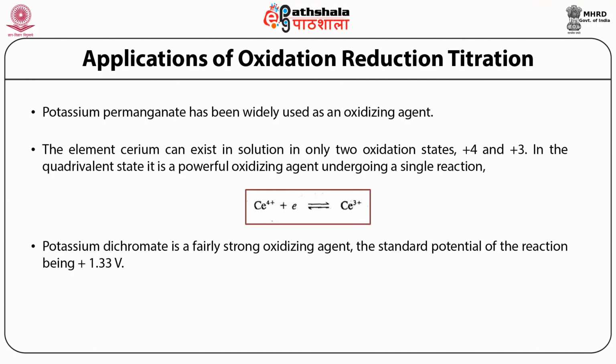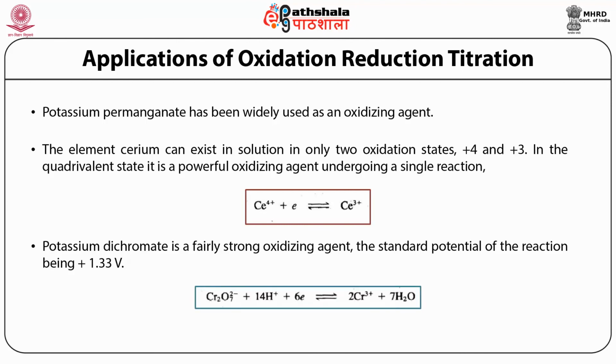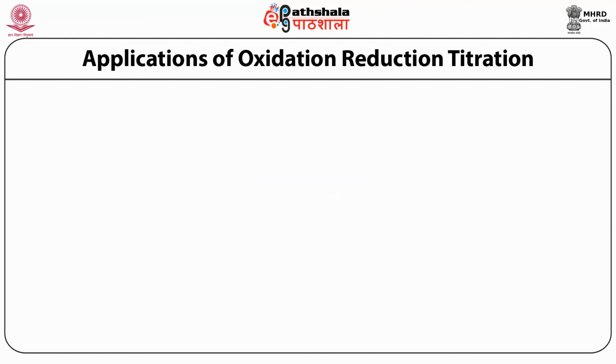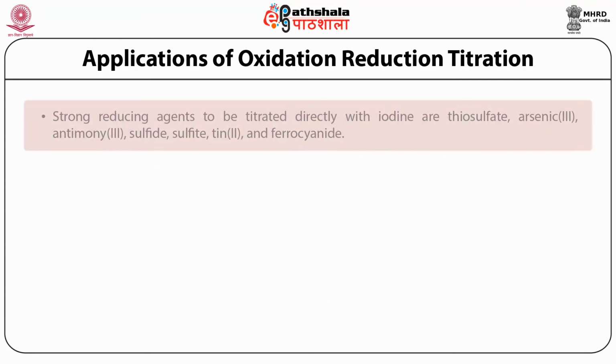Potassium dichromate is a fairly strong oxidizing agent, the standard potential of the reaction being plus 1.33 volt. That is, the reaction is Cr2O7 2 negative plus 14H plus plus 6 electrons converting into 2 chromium 3 plus plus 7 H2O. The more important substances that are sufficiently strong reducing agents to be titrated directly with iodine are thiosulfate, arsenic third, antimony third, sulfide, sulfite, tin second and ferrocyanide.